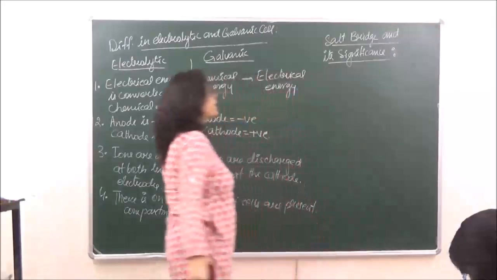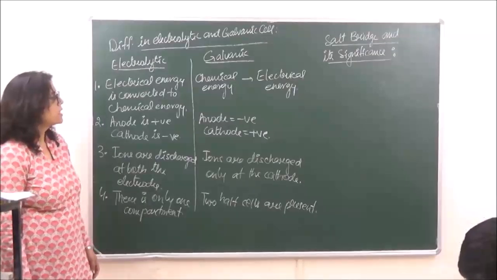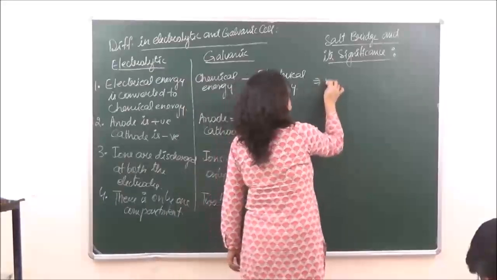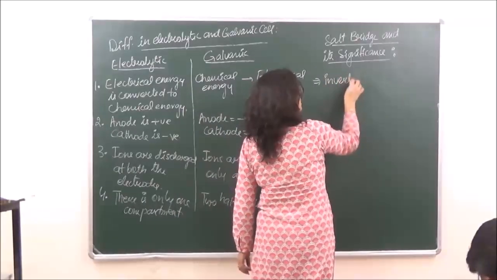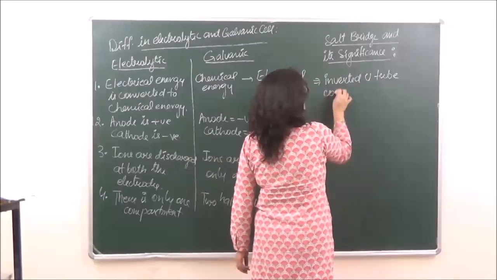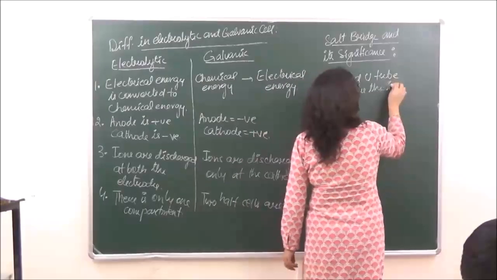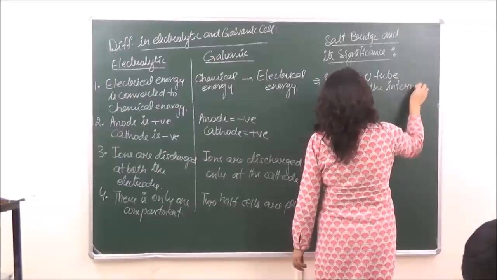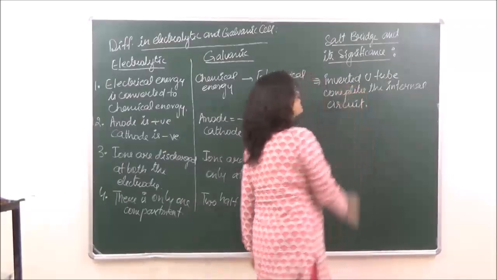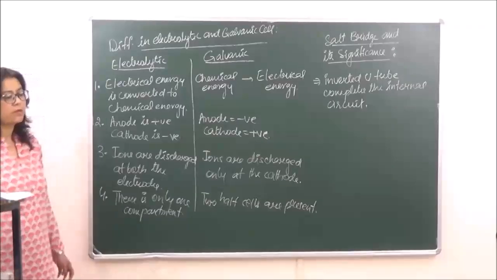Now you just saw when we discussed the Daniell cell that the salt bridge is an inverted U-tube which completes the internal circuit of the galvanic cell. That is what a salt bridge is.